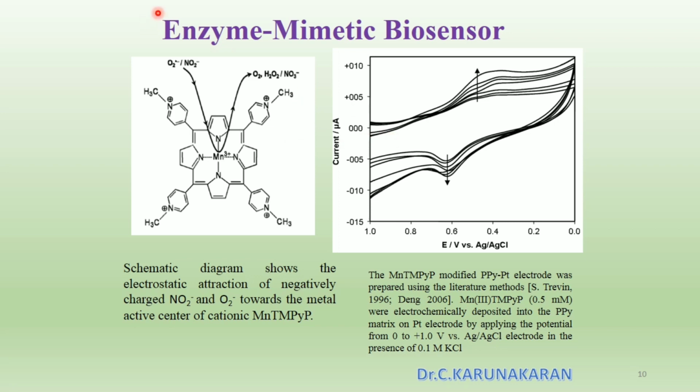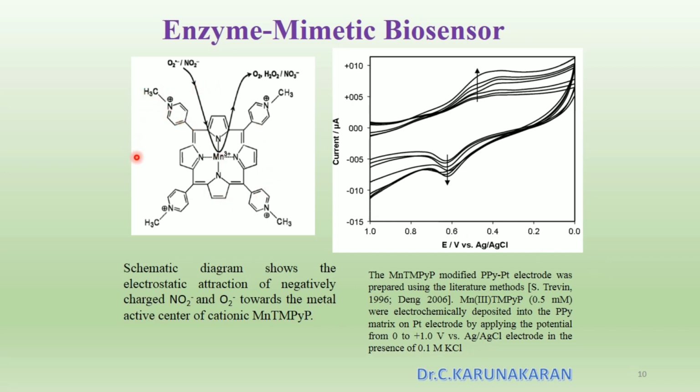In this, we have used a biomimetic biosensor. For example, in most enzymes or proteins, metalloporphyrins are at the active site. For example, cytochrome reductase, you will be seeing in the next two slides.